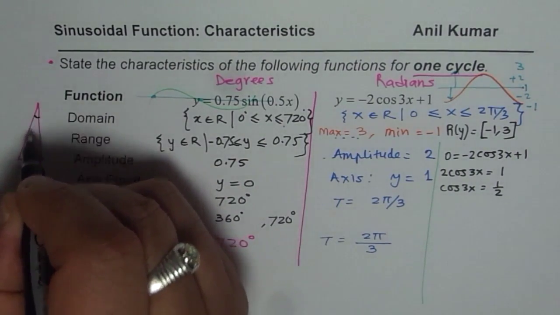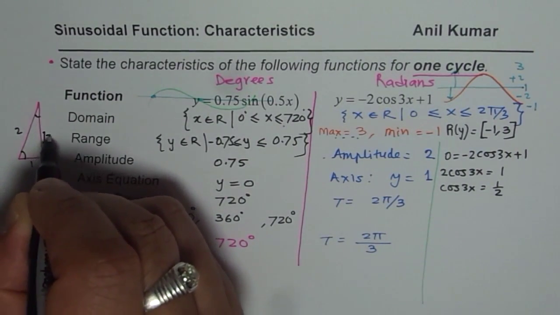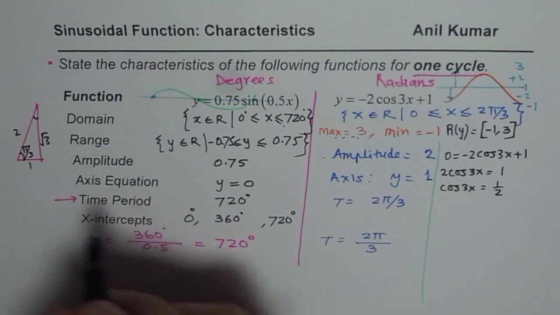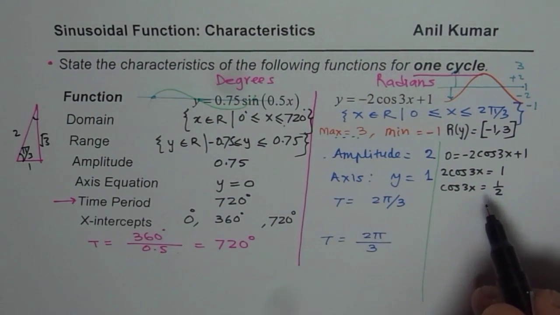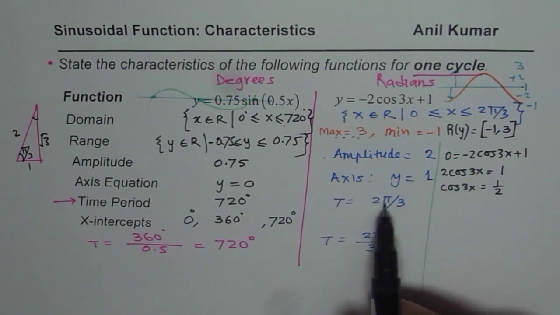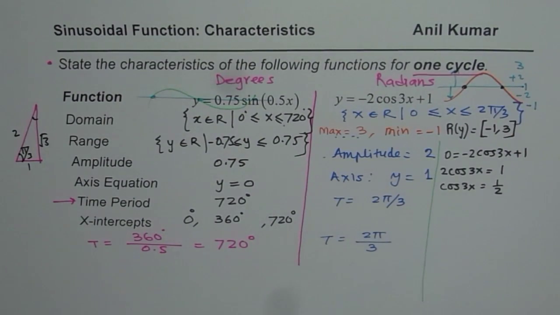So the angle which are of interest is special triangle, I hope you remember, pi by 3. So pi by 3 gives us half. So that is one value, correct? We have 2 pi by 3 as our range, right? So what we are expecting here is, we are expecting 2 solutions. Do you get the idea?